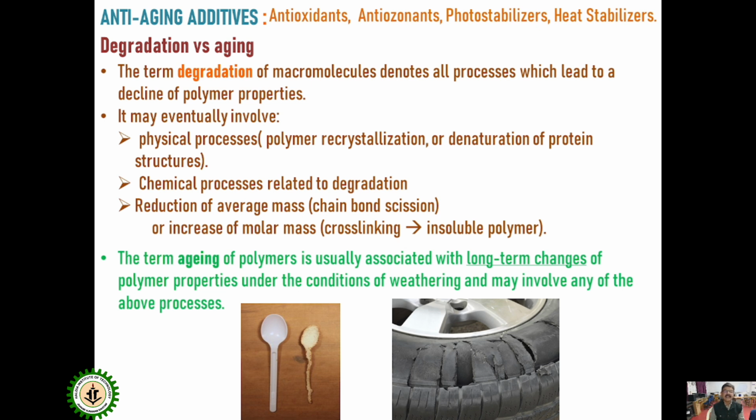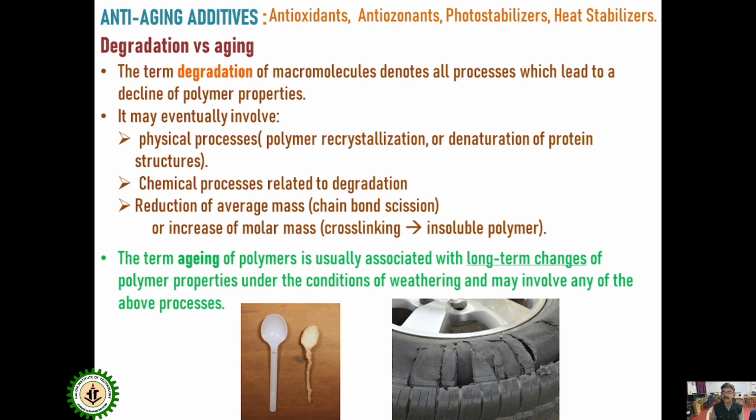So anti-aging additives include antioxidants, because the degradation of polymer may be due to oxidation, ozonation, meaning ozone reaction with it, and photodegradation or thermal degradation.